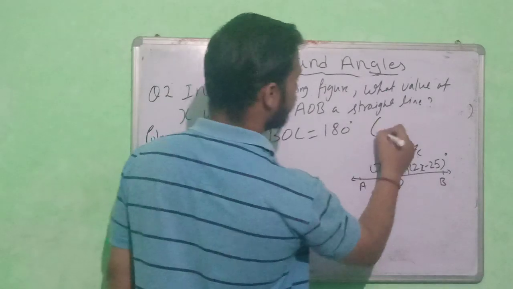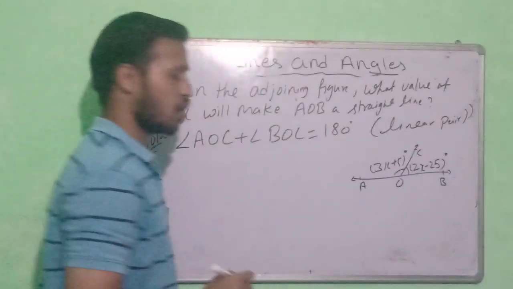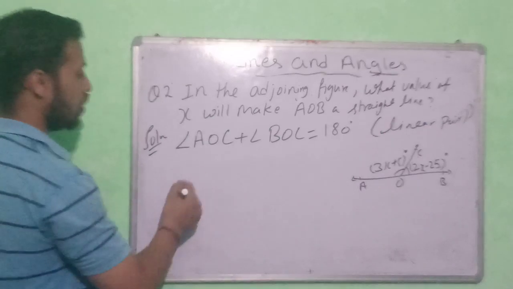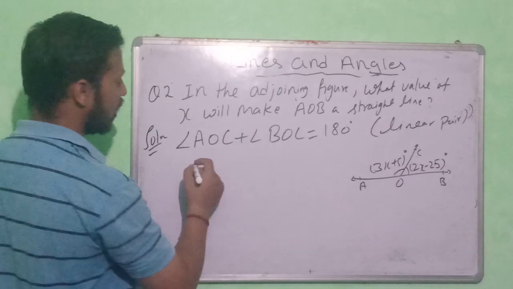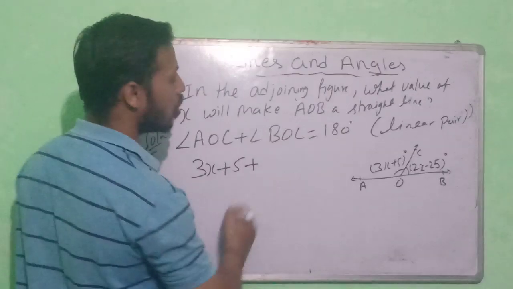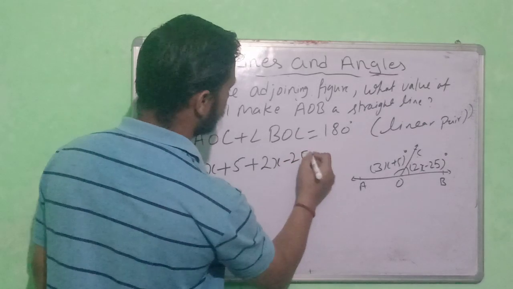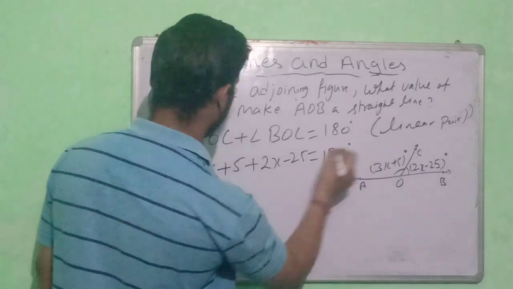You can name them linear pair. Clear? Now I will put the value of AOC: 3x plus 5. What is the value of BOC? 2x minus 25, and equals 180 degrees.